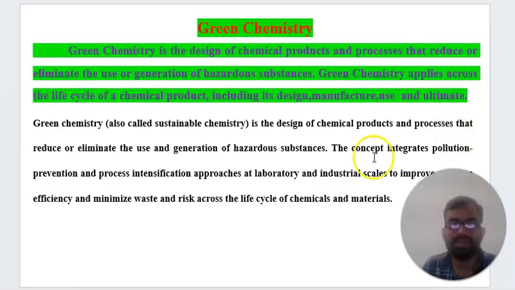You can see green chemistry is also called sustainable chemistry. It is the design of chemical products and processes that reduce or eliminate the use or generation of hazardous substances. The concept integrates pollution prevention or process identification approaches at laboratory or industrial scales to improve source efficiency or minimize waste or risk across the life cycle of chemicals or materials.